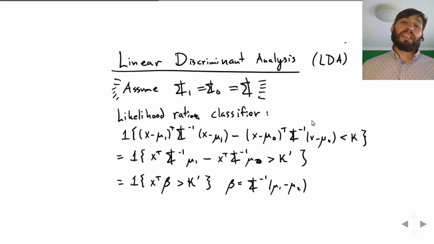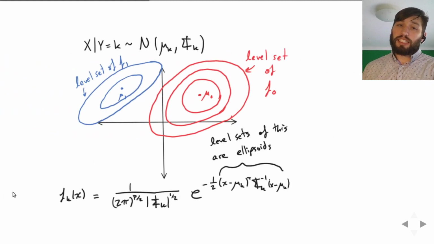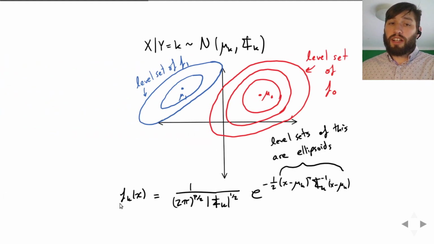Right? So it turns out that if we look at the likelihood ratio classifier, what we're asking is, is F1 divided by F naught exceeding some tau? Well, because they have the same covariance matrix, these constants in front are the same. And so we just have that F1 over F naught is this e to the something divided by e to the something for 1 and for 0 respectively.